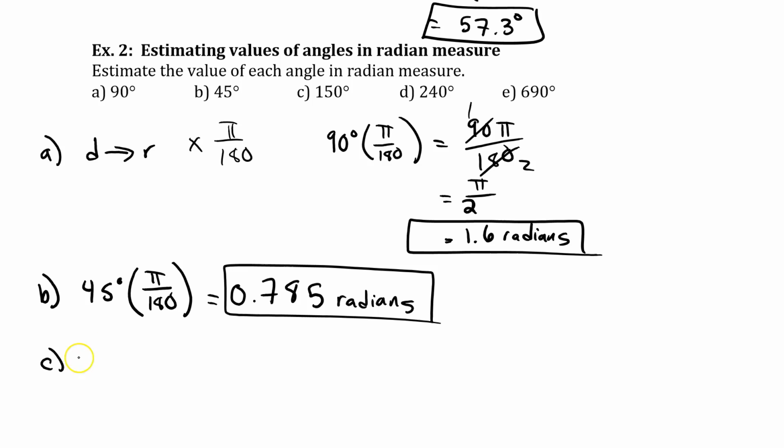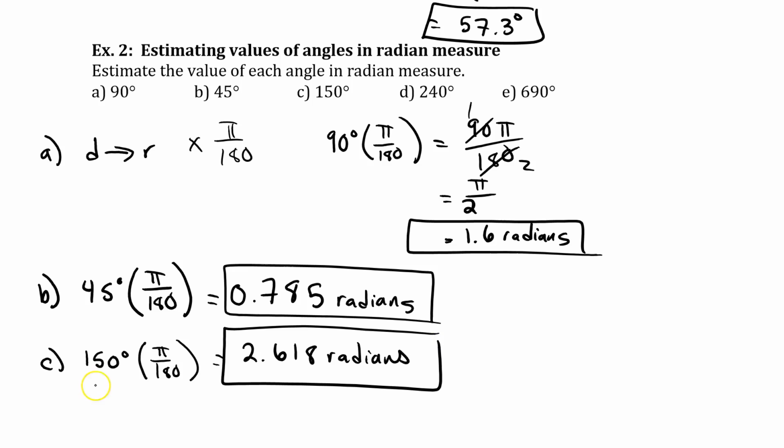C, same thing, 150 degrees times pi over 180 equals 150 times pi divided by 180. We get 2.618 radians.